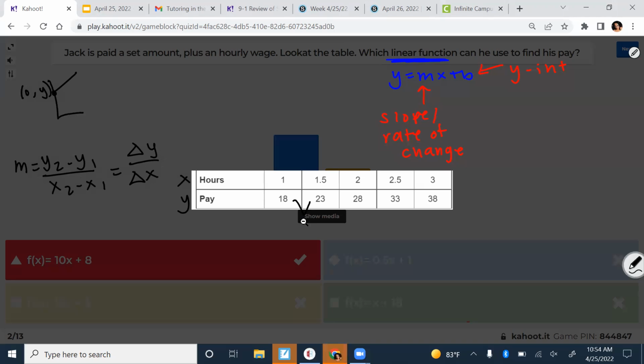What are we doing? We're adding 5. And then going from 23 to 28? Plus 5. Good, and then it keeps going. So that's my change in y, is a positive 5 because we're going up by 5. What's my change in x? Plus 0.5, right? It's going up at 0.5. So then plug that in. What's 5 divided by 0.5? Feel free to use a calculator.